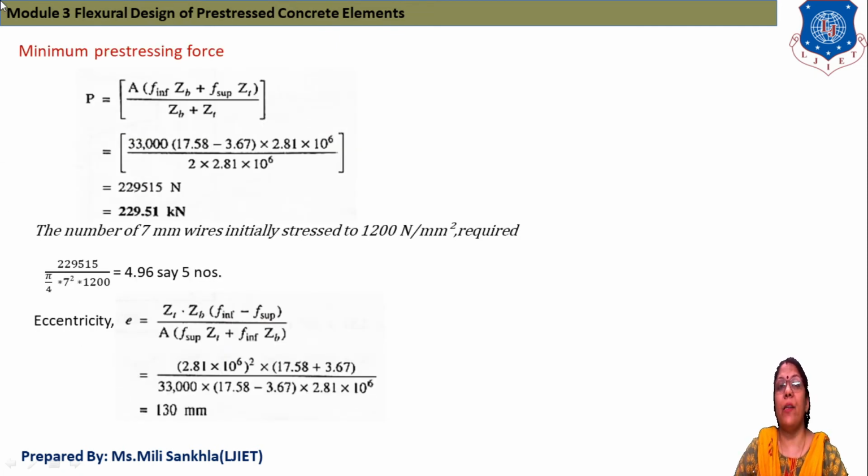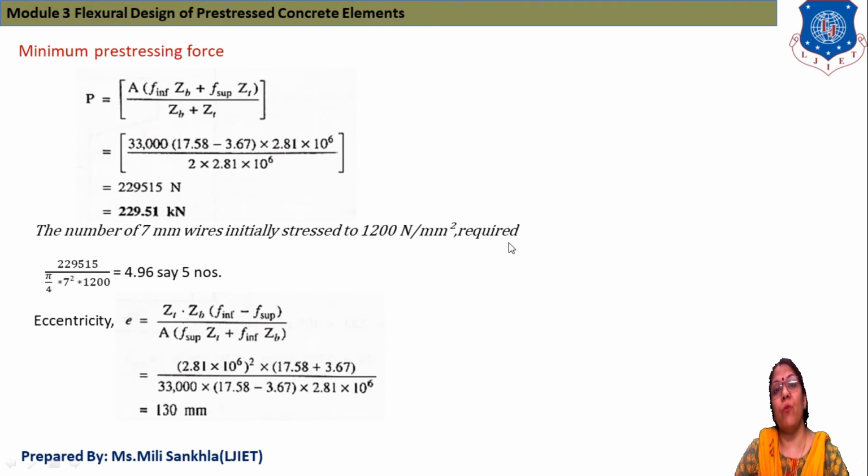Now next we find out minimum force. P is equal to A, then fb Zb plus ft Zt, summation of Zb plus Zt. Again put all the values. We find 229.51 kilonewton. Then the number of 7 mm wires initially prestressed to 1200 Newton per mm square required.